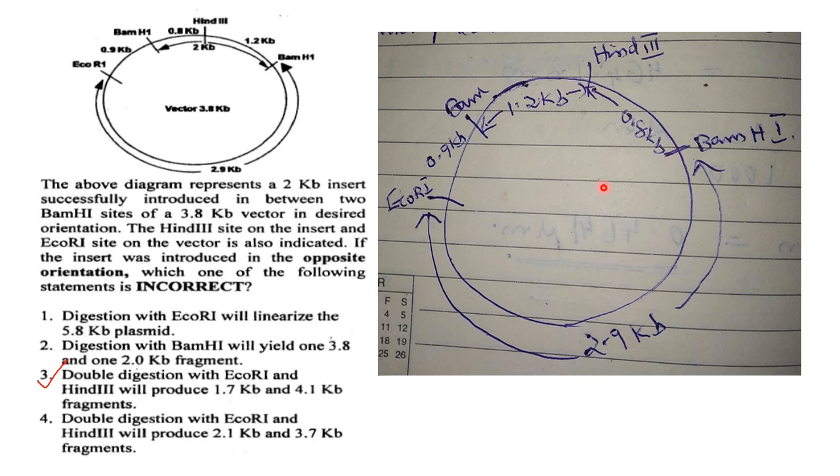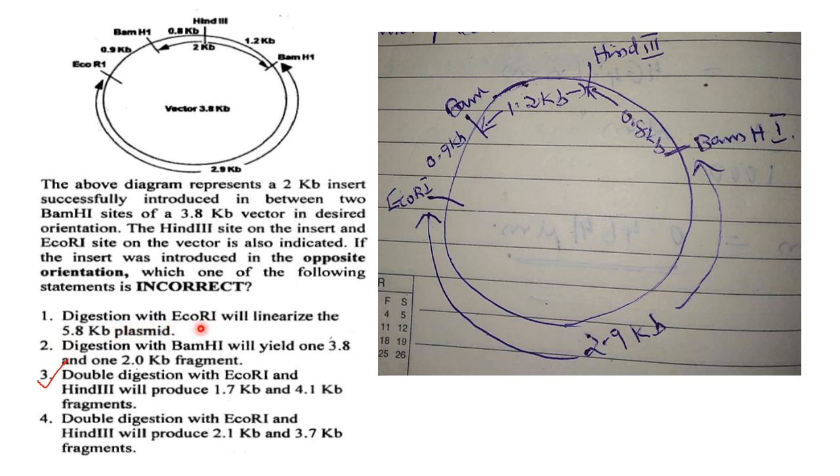Now if the insert is introduced in the opposite orientation, you will get a vector map like this, the 3.8 kb vector map. Here you have 0.9 kb, and here it will be 1.2 kb instead of 0.8 kb, and here it will be 0.8 kb instead of 1.2 kb in the original vector map. See, here it is 0.8 kb and 1.2 kb, so this is the real orientation. If it was introduced in the opposite orientation, you will get the 1.2 kb fragment here and the 0.8 kb fragment here. Now we will read the options.